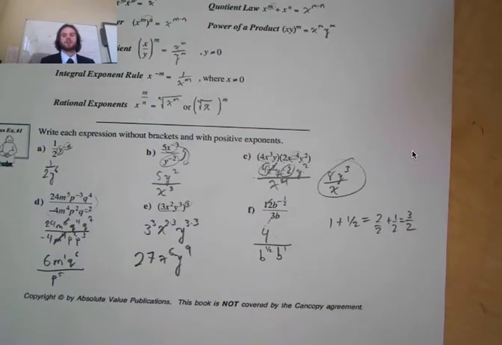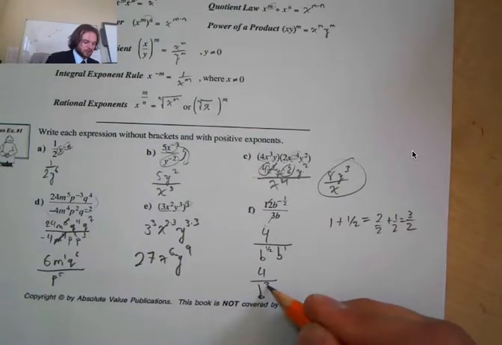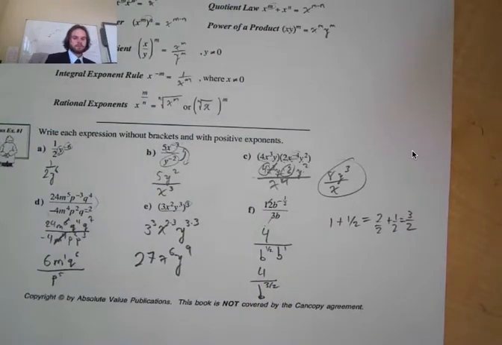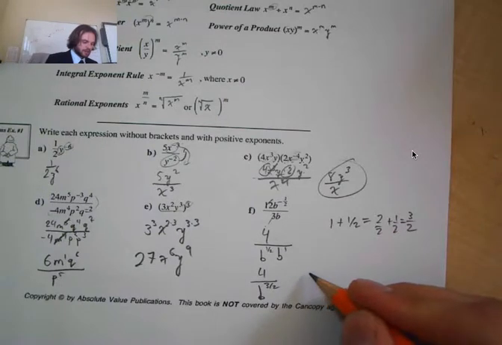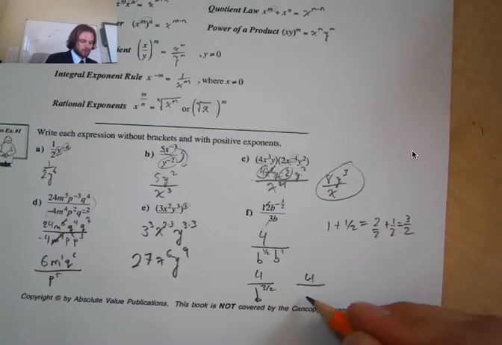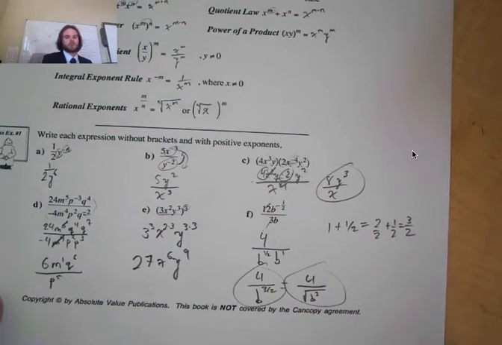Remember adding fractions? We still must do that. So that's 4 all over b to the 3 over 2. Or we could even put that in this form here. So that is 4, all over the square root of b to the 3. We could also say that. So either one of these would be good.